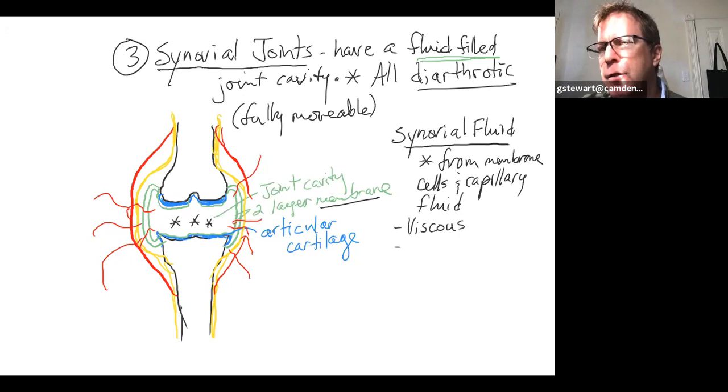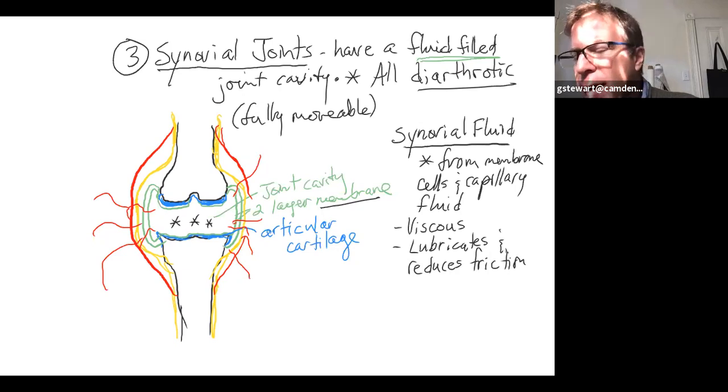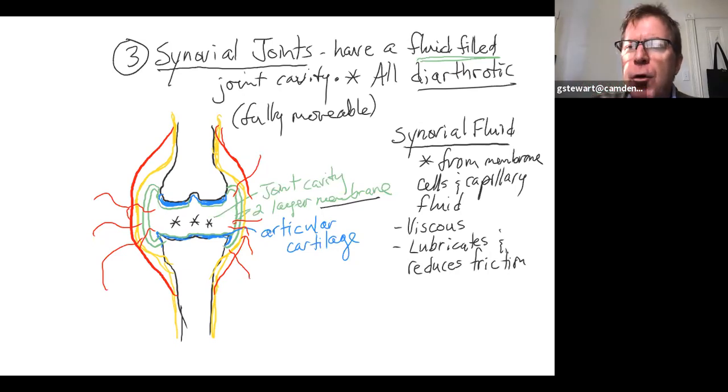Its function is to lubricate the joint and reduce friction. If the joint hasn't been moved for a while, the fluid actually gets thicker. If we're active every day, the fluid in our synovial joints is at its thickest early in the morning, right when we wake up. And then once the joints are moved quite a bit for a while, that fluid thins out.